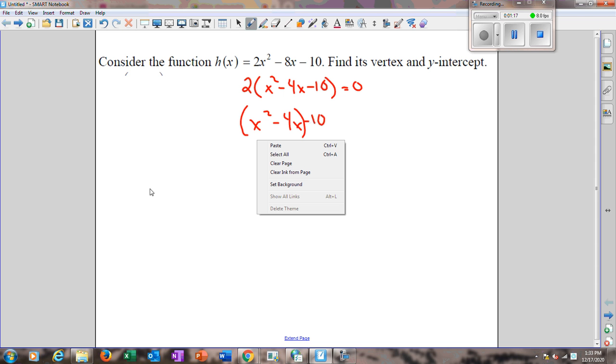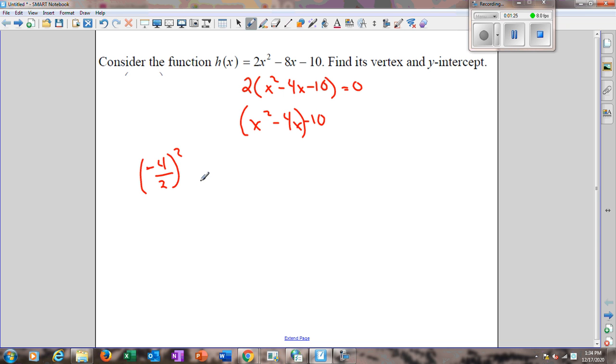So my b is the negative 4. So I do negative 4 over 2, squared. It gives me negative 2 squared, which is a positive 4. So it's x squared minus 4x plus 4 minus 10.